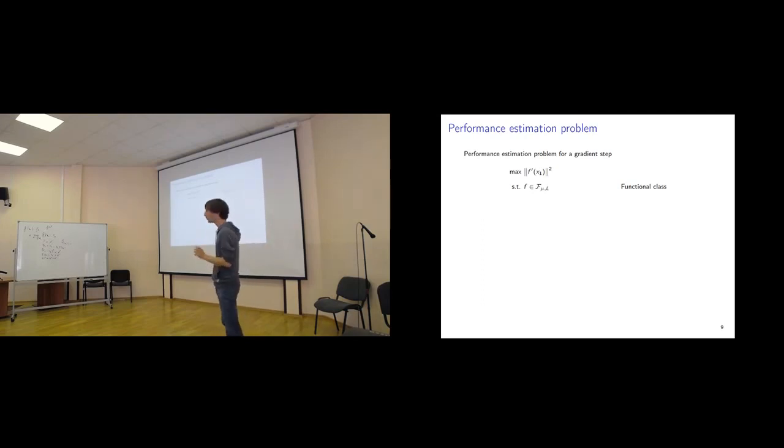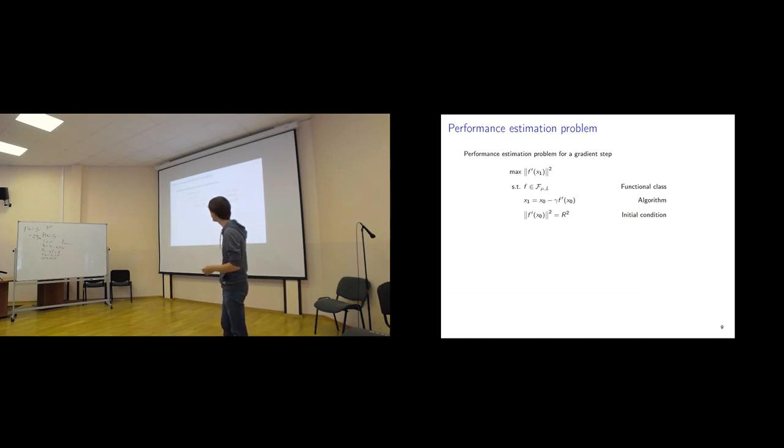Among the variables, I have this f, which is now required to be in the class of smooth strongly convex functions, because this is my assumption. The second requirement is that x1 is generated from gradient descent. The last requirement is that I have some initial condition. Here, I will choose this one because it will make the solution easy, but you can choose other ones.